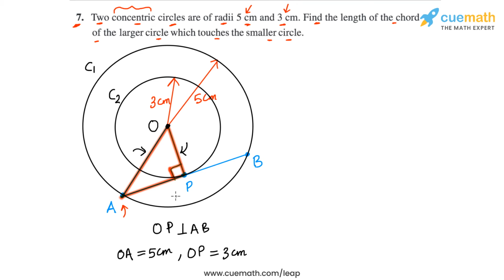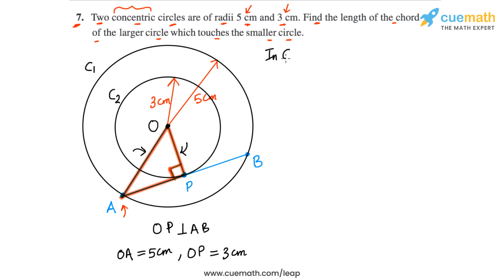Once we find AP, we make use of the fact that AP is simply half of AB. Why is that? Because for the outer circle C1, OP is perpendicular to the chord AB, and we know that the perpendicular drawn from a center to a chord bisects that chord. So P is the midpoint of AB. Once we have AP, we can simply double that and get the length of AB. This is the logic that we're going to use. Let's write it out now.